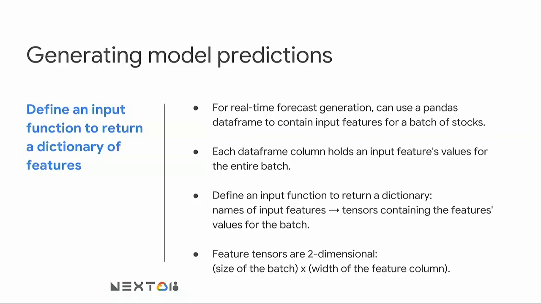The input function is going to return a dictionary mapping names of input features to tensors containing the feature values for the entire batch, so essentially values for one column in the pandas data frame. The feature tensor will be two-dimensional. The first dimension is the size of the batch, which is the number of rows in the data frame, and the second dimension is the width of the corresponding feature column.